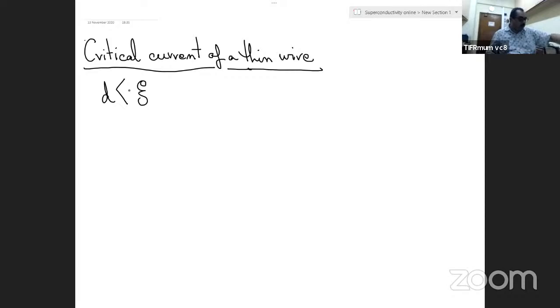Now, as I have told you before, we'll start again. We have this thin wire, and we want to calculate its critical current. So first, of course, we have to start with an order parameter.